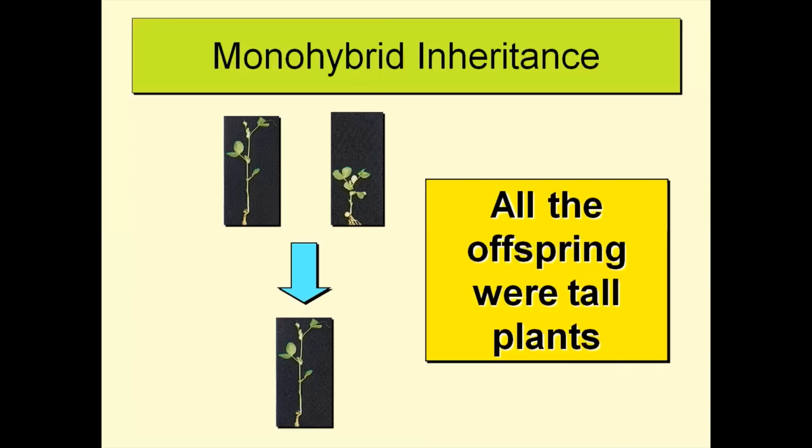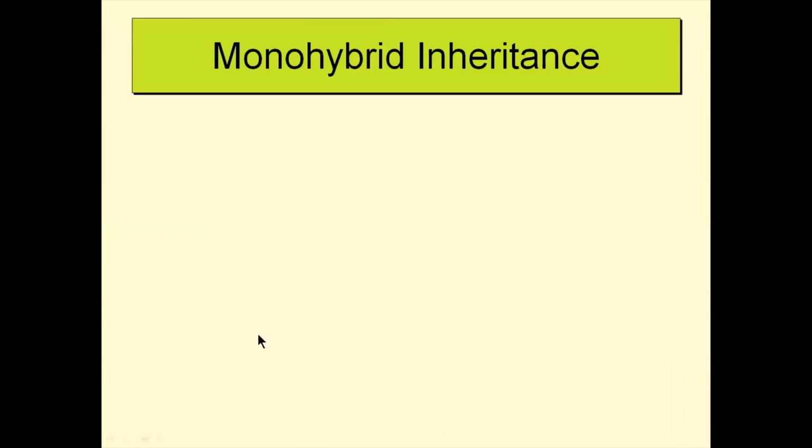He generated plants of the first hybrid generation, and this generation is also called the first filial generation or the F1 generation. And he noticed that all the plants of the F1 generation were tall. So only one of the parental traits was seen. We know that in parents, one plant was tall and the other was homozygous short plant, but only tall plants were seen in the F1 generation.